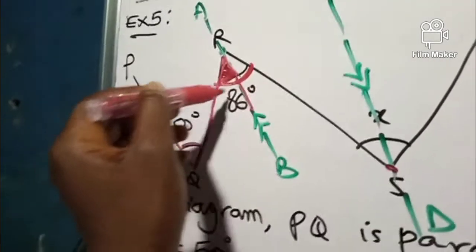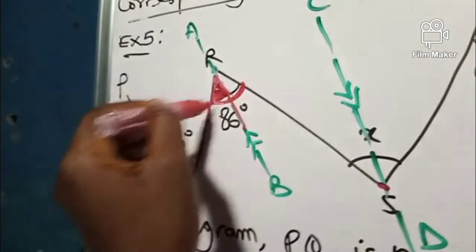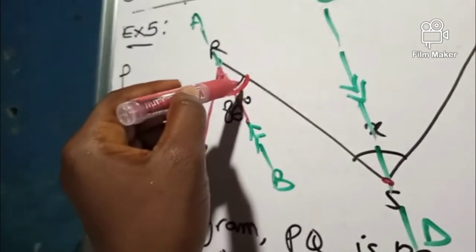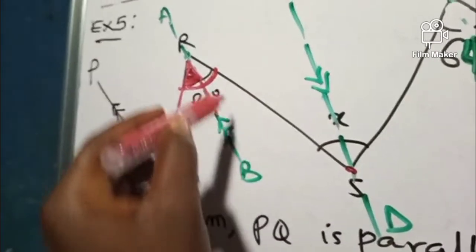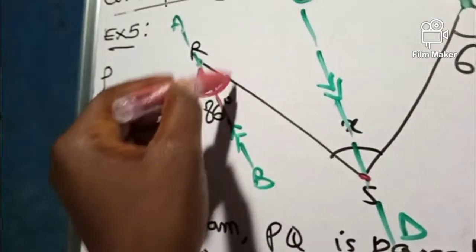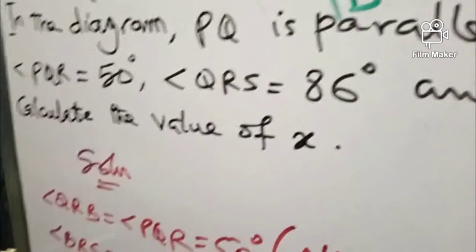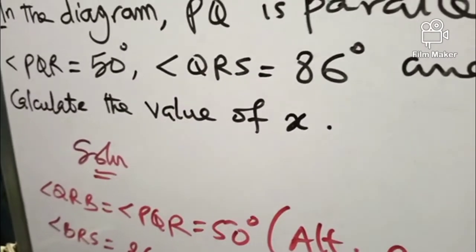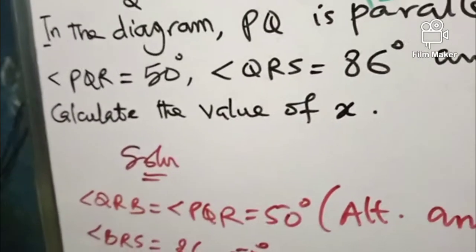We have used alternate angle to get this angle, but the total angle here is 86. So 86 minus 50 will give me 36 degrees.